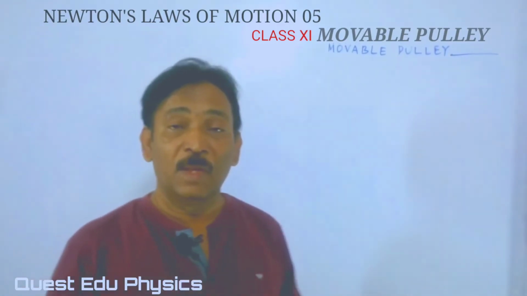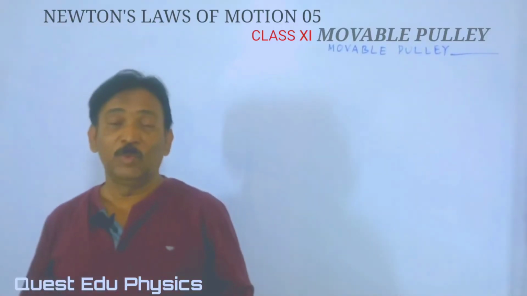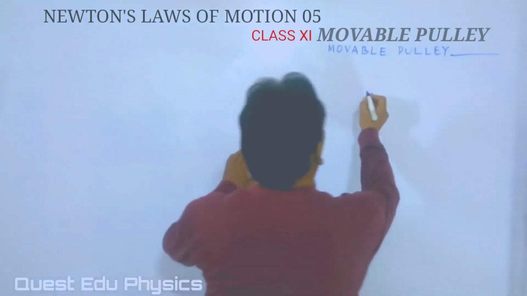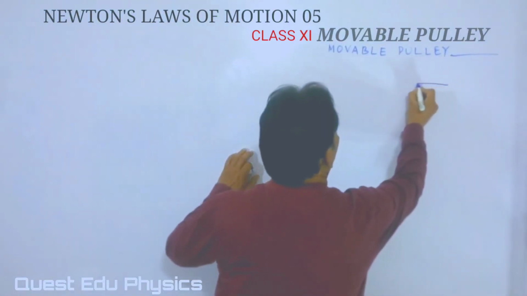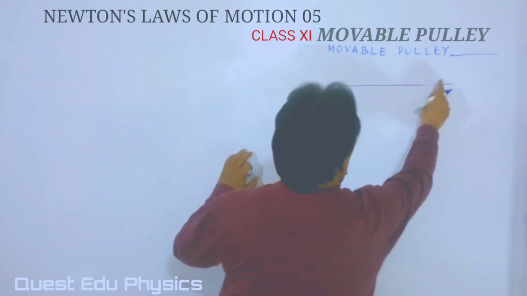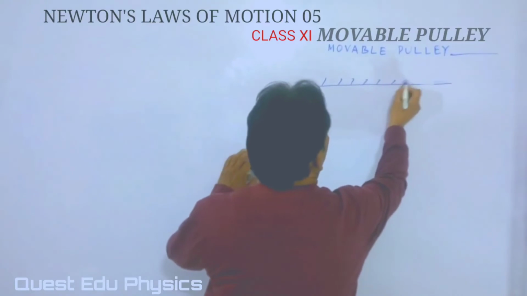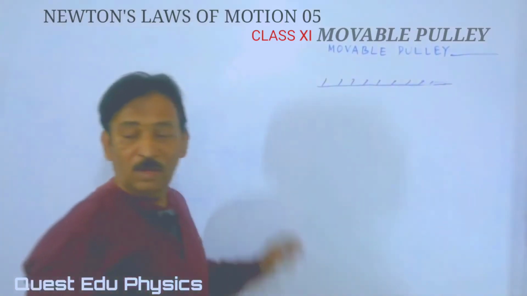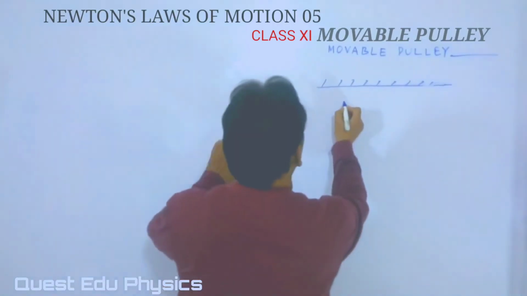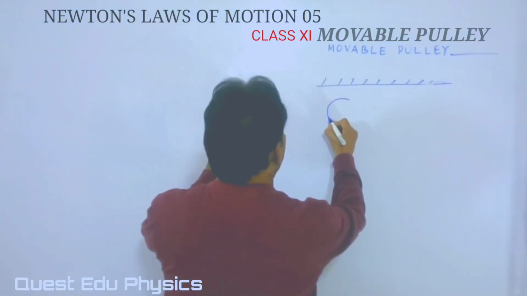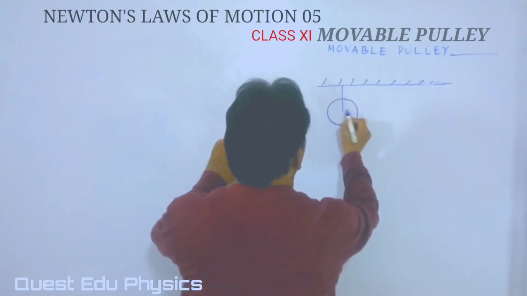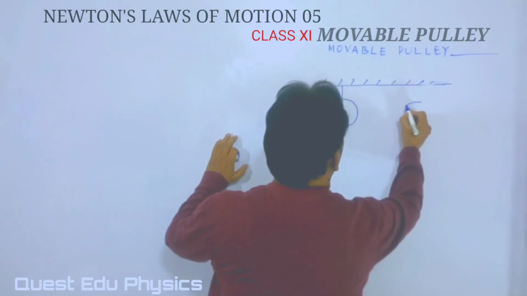Friends, right now we did a 2 pulley system. Now we are going to do a 3 pulley system. Okay, let's say it's a rigid support, students, from where we are suspending the system. It is a pulley, and we have one more.